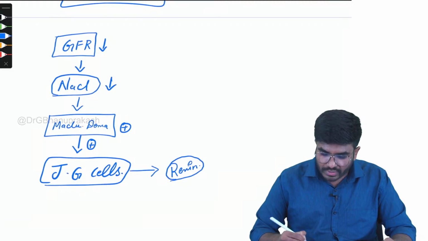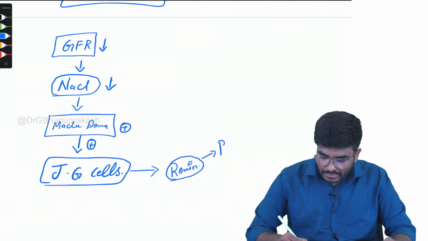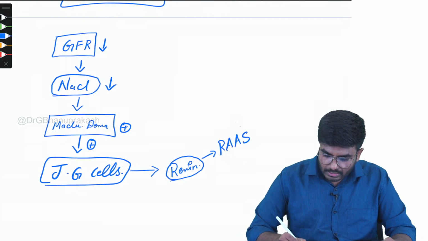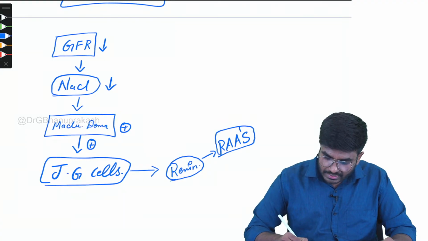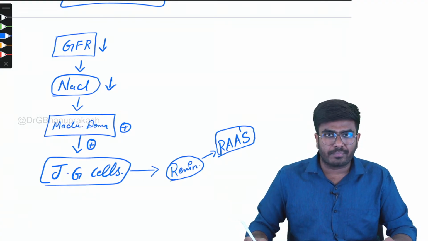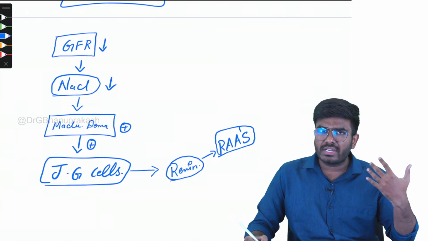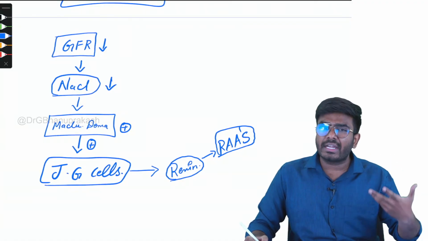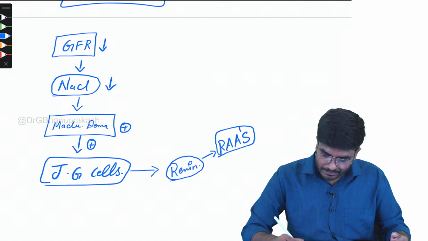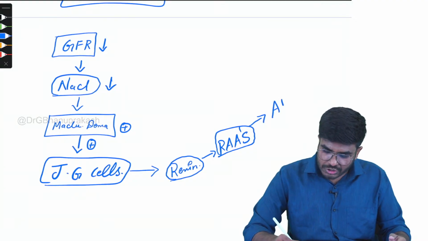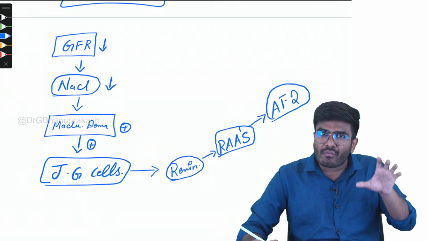We all know that when renin is there, the RAS pathway, the renin angiotensin aldosterone system, is activated. At the end of the day, angiotensin 2 is produced. Now what will this angiotensin 2 do?